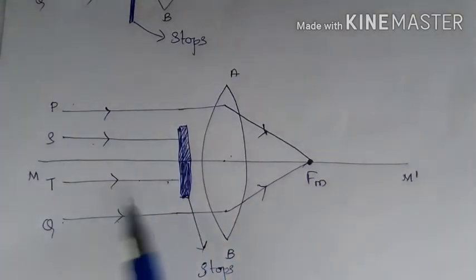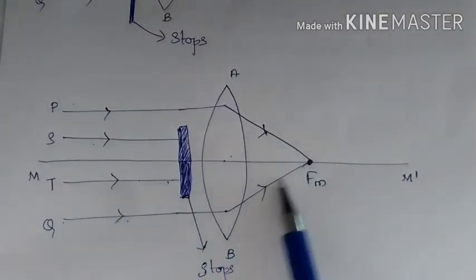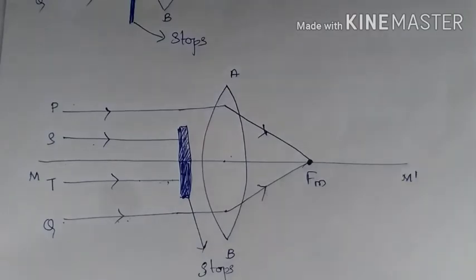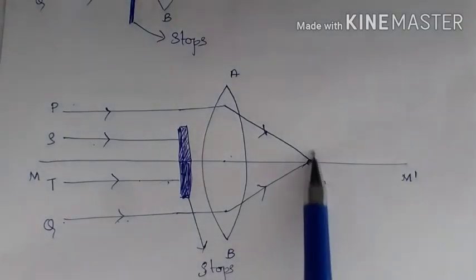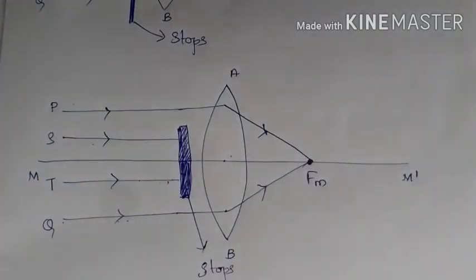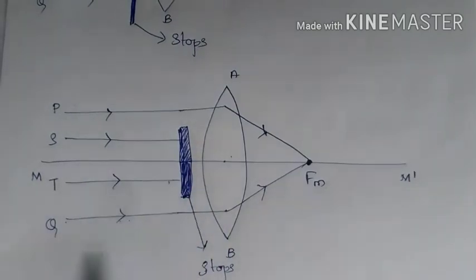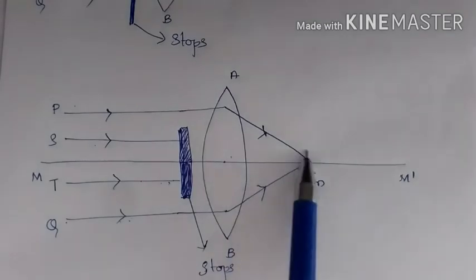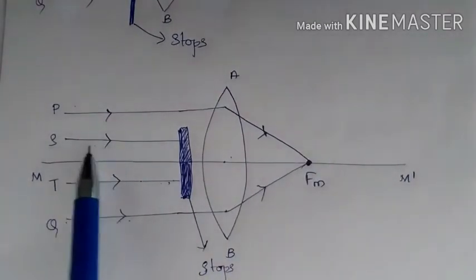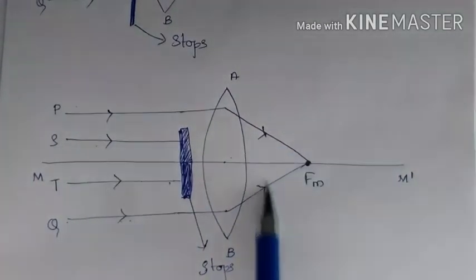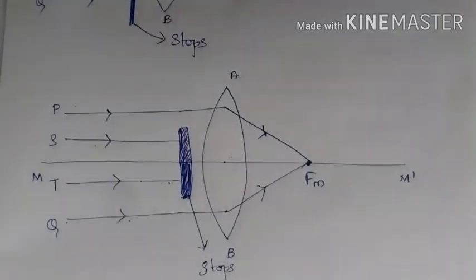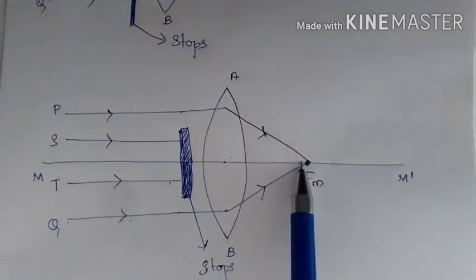The number of rays you eliminate is directly proportional to the decrease in the intensity of the image formed. If you allow many rays to pass through the lens, the brightness of the image will be greater. If you decrease them, the brightness will be less. So this is the brightness of the image.